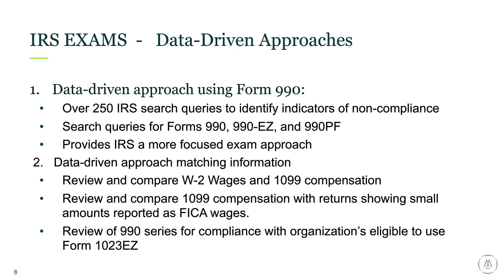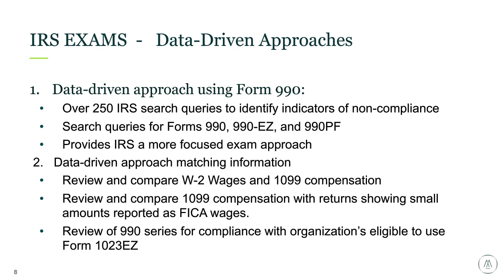We don't know what those 250 search queries are, but it could be things like failure to file a complete return. Maybe you're missing a schedule or the EIN is a mismatch. You've reported a significant diversion of assets because of fraud or embezzlement.